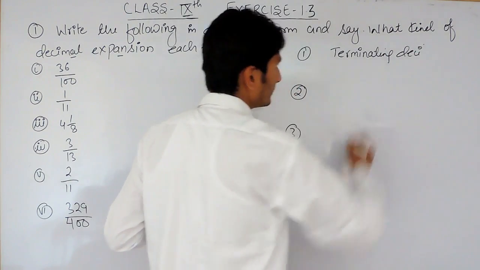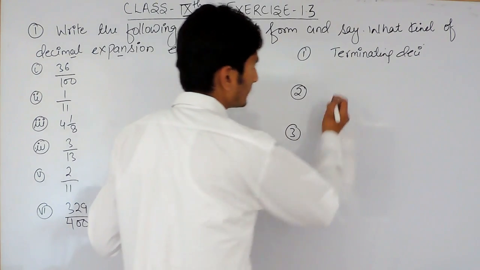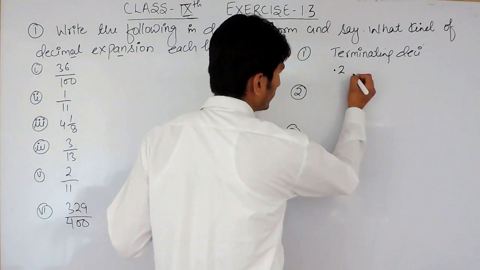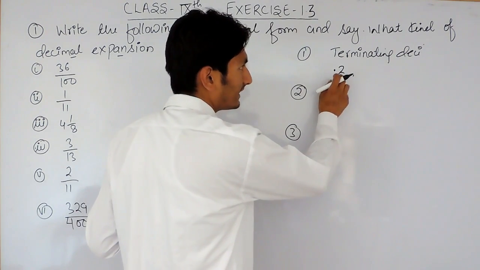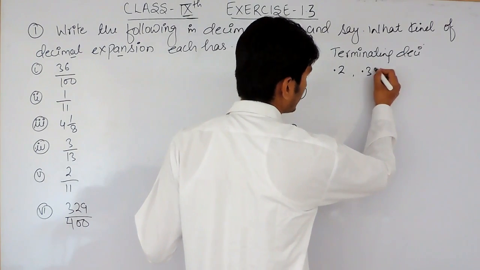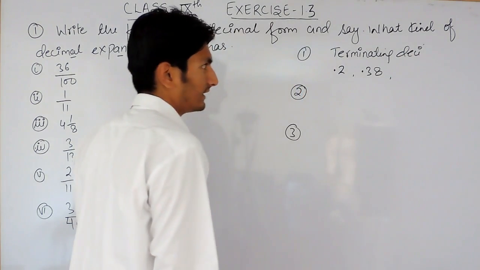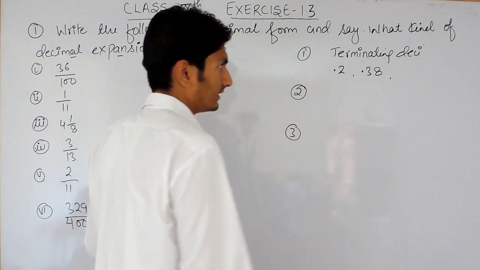This means the decimal terminates after a certain point. 0.2 is a terminating decimal because after one digit it gets terminated, and 0.38 is again a terminating decimal. Again this terminates after 3 and 8.